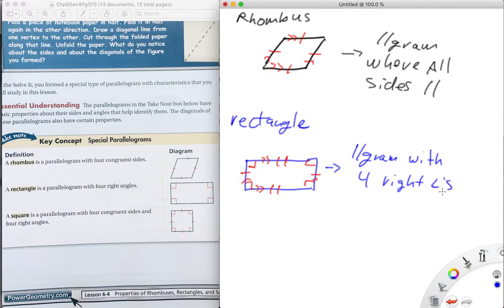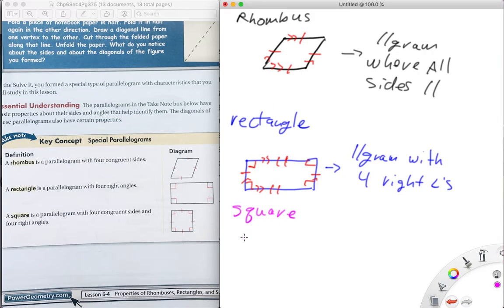Right, and then we have a square. And a square is what happens when a rectangle and a rhombus get together. The rhombus saw the rectangle, thought she was looking good, and shot his shot. And they got married and had a baby. They combined the characteristics of a rectangle and a rhombus and put it together.